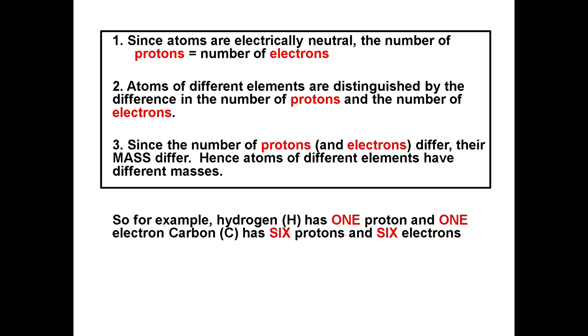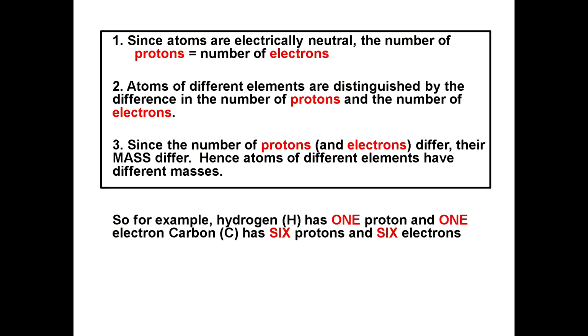Since the numbers differ, their mass differs. For example, hydrogen has only one proton, and of course one electron. And carbon has 6 protons and 6 electrons. So they have different mass.